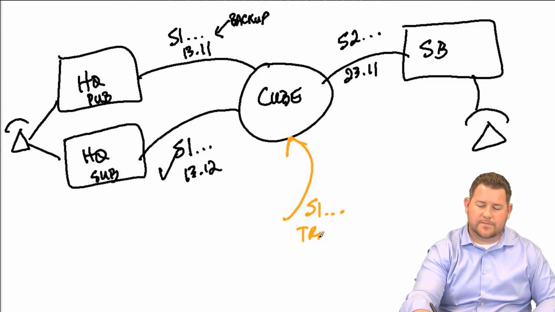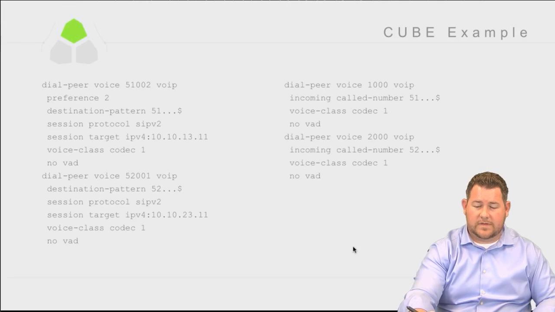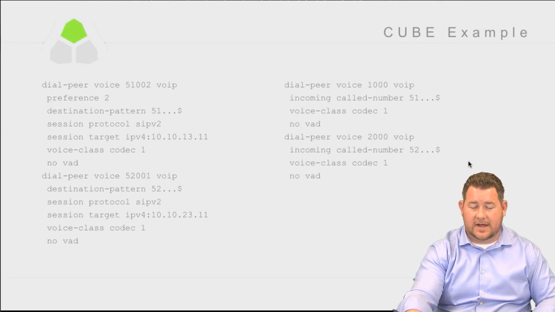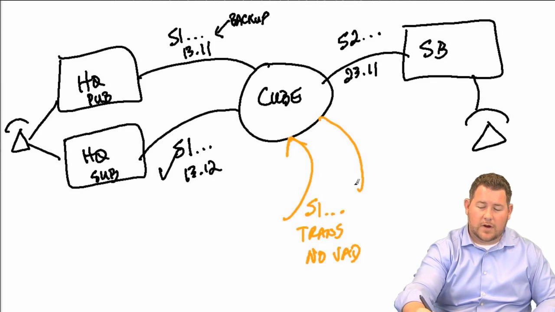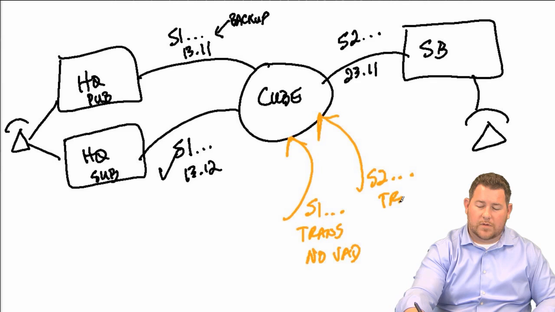So transparent and no VAD. Similarly, we've got 52 ... coming in, and that can be from anywhere on the router, not just from HQ. 52 ... comes in, of course, transparent and no VAD.